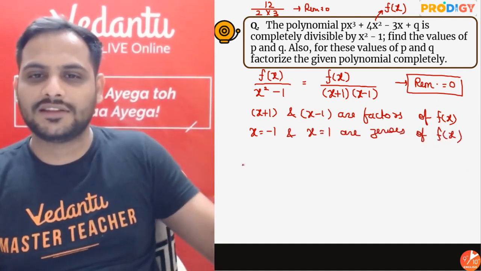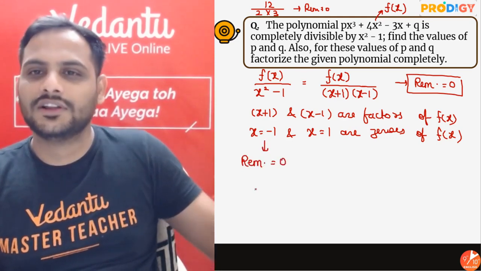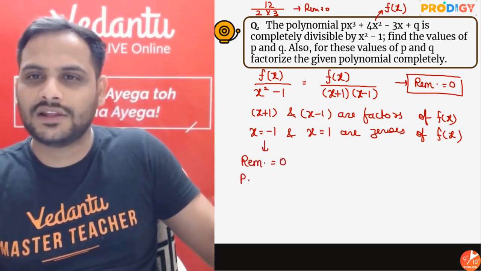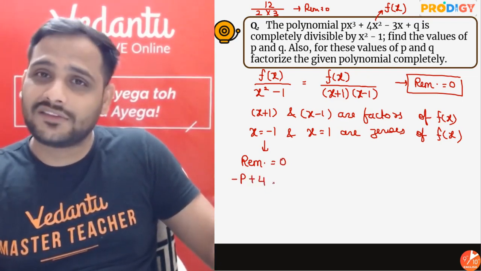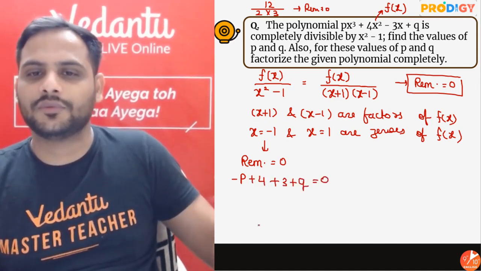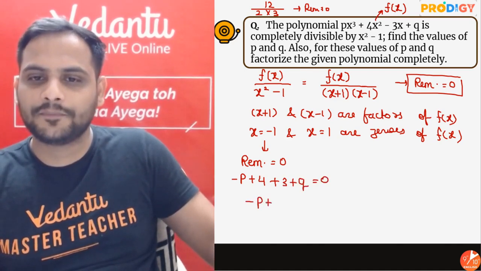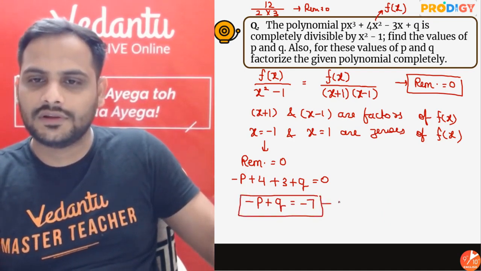Let's use remainder theorem. In the first case, when I use x equal to minus 1, I can say the remainder must be equal to 0. So it will be p into minus 1 cube, which is minus p, plus 4 into minus 1 square, which is plus 4, minus 3 into minus 1, which is plus 3, plus q, equal to 0. So you are getting minus p plus q is equal to minus 7, whatever it is.